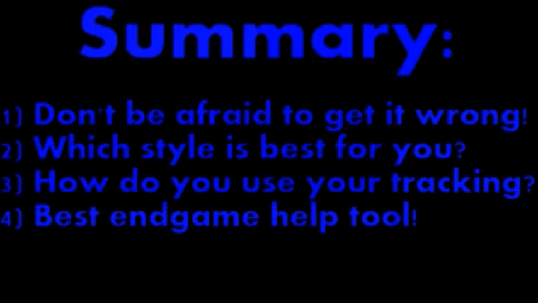But anyways, summary for the video. The most important thing about tile tracking is that you can't be afraid to get it wrong. Like I said, I still get it wrong, and I will always continue to get it wrong. But the best part about it is that you're actually doing it. And you know, it's going to take an extra chunk of time to mark out every tile.